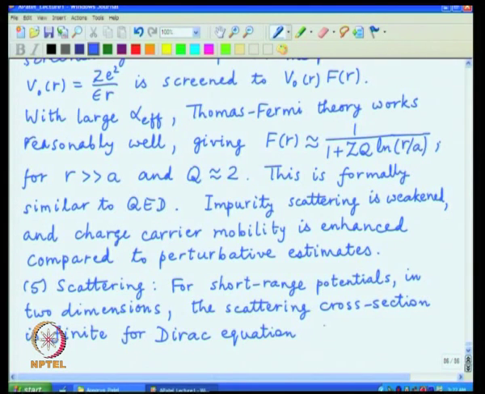In particular it is proportional to r square, where r is the range of this particular potential, and the difference arises because in case of the Schrodinger equation, the same scattering cross section is log divergent.